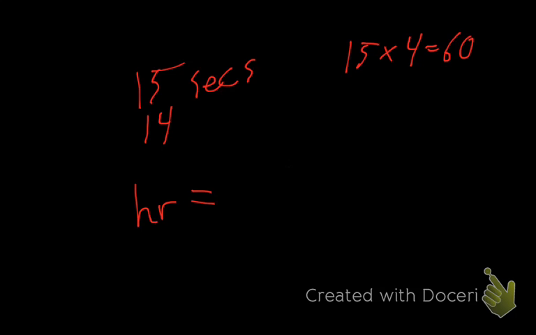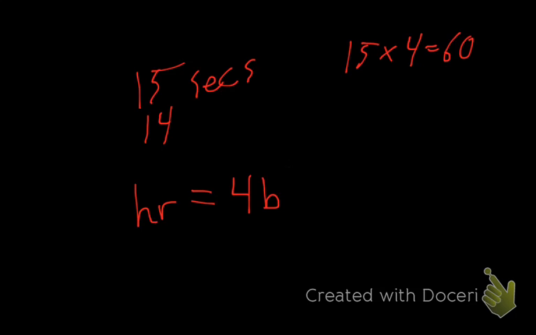So we got to do 4 times the number of beats you counted in 15 seconds. So we're going to assume that you counted 14 beats in 15 seconds, and that the next 15 seconds would also be 14 beats, and the next 15 seconds would be 14 beats, and the next 4 times would get you to 60 seconds.